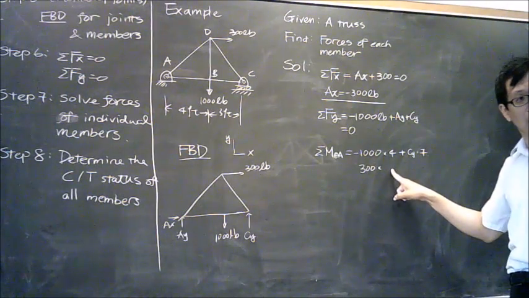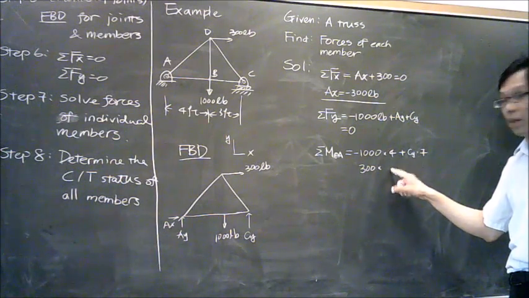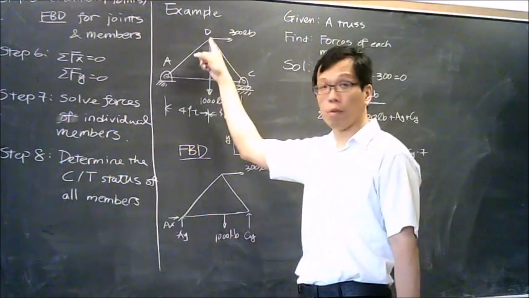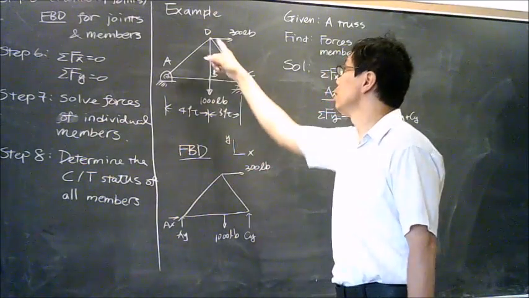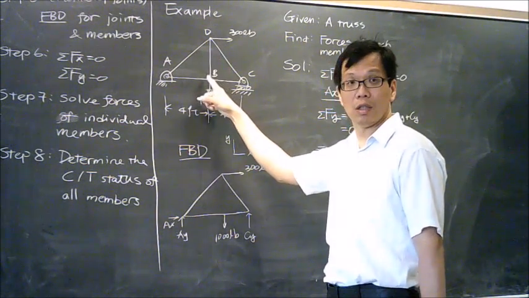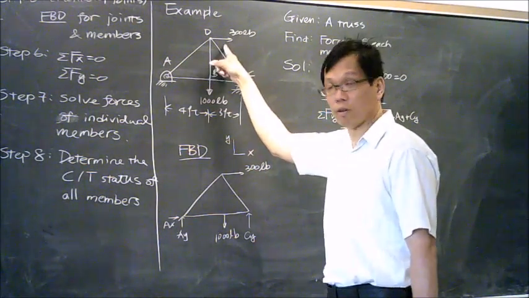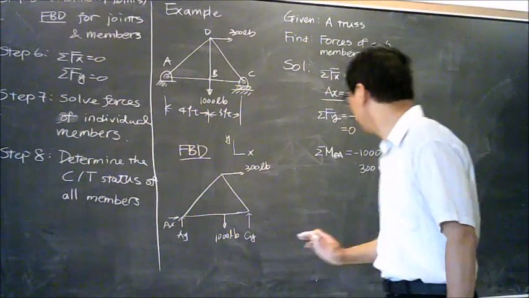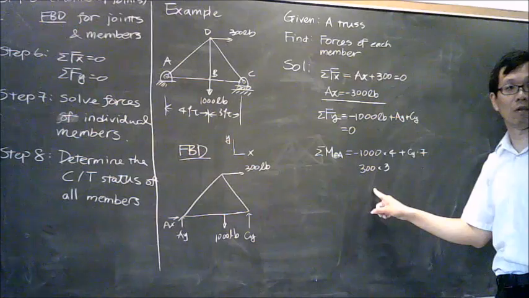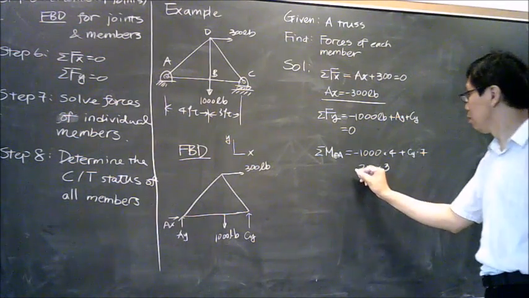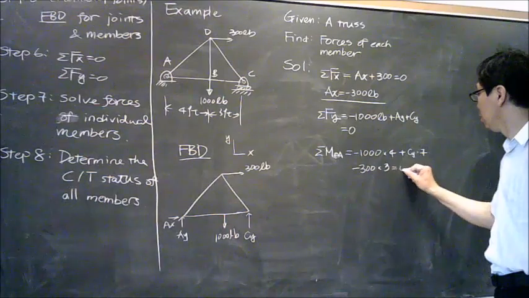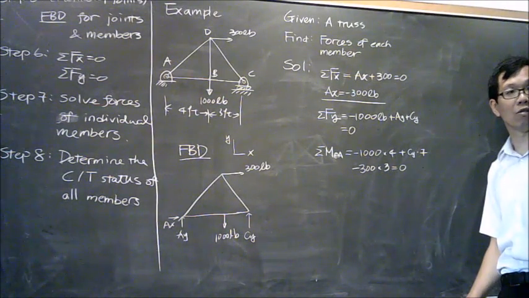Multiplied by, what is the moment arm? 3, good. Don't say it's 5, because it's perpendicular to the force, so it's only 3 in this case. Is this positive or negative? Negative. Equals 0. So in this case, can you find out Cy?